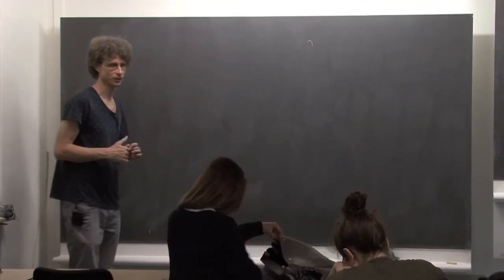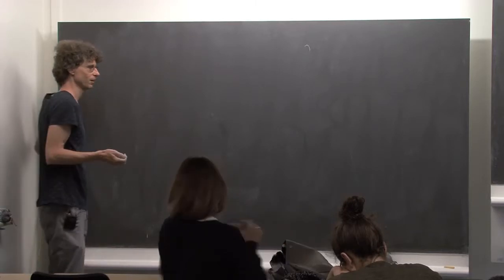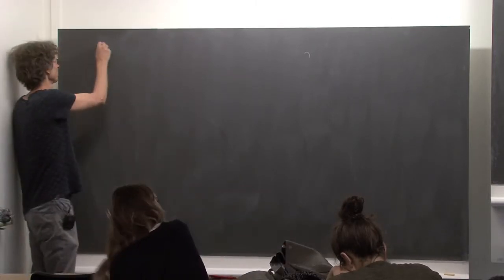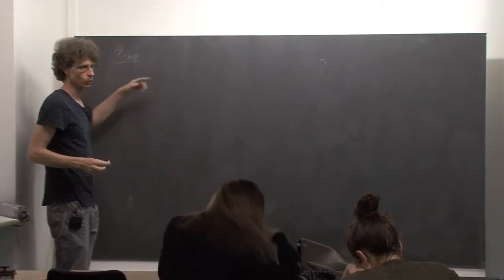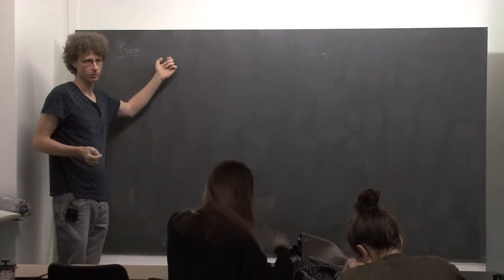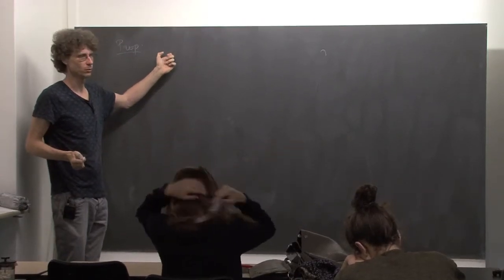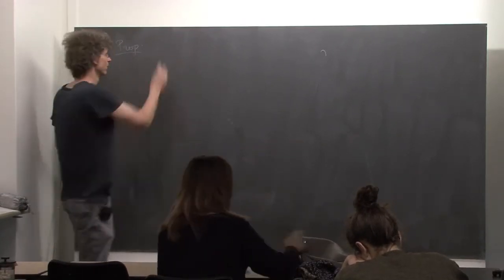Or if you wish, what we proved is this little proposition: B is actually a functor going from monoids to simplicial sets.